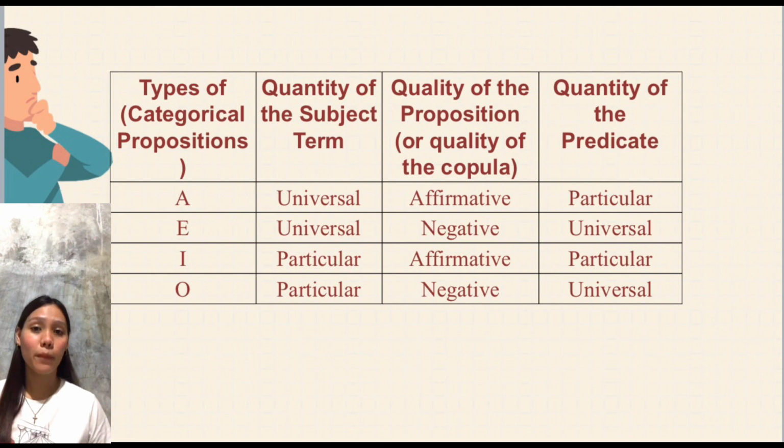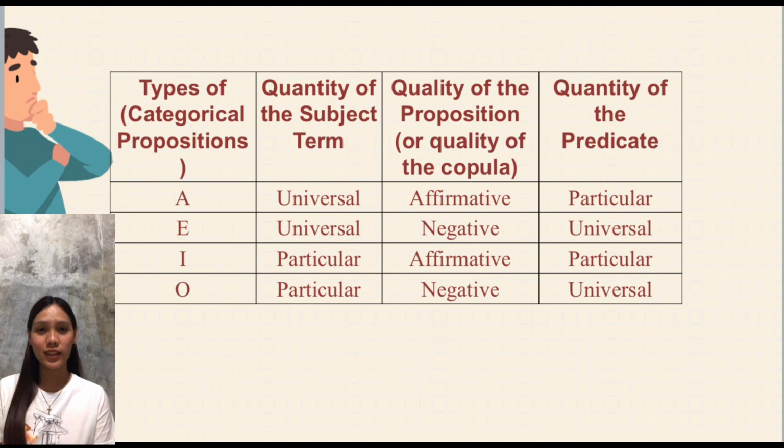And when the relation is exclusion, the proposition is called negative. When we say negative, something is denied or negated. Usually we use the words no, not, and nobody. The copula is always some form of the verb to be. Examples of the verb to be are: are, is, was, and were.